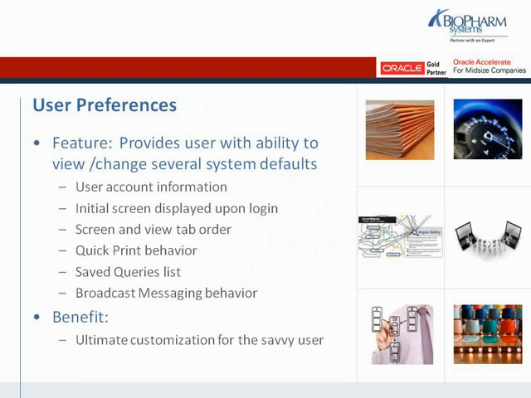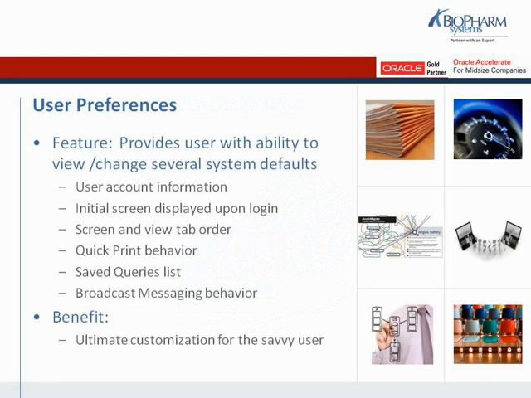So most companies will lock down some of these features, so you may not have access to all of these features in your specific implementation, but this is an area that can be quite useful in personalizing your experience with the Siebel system.